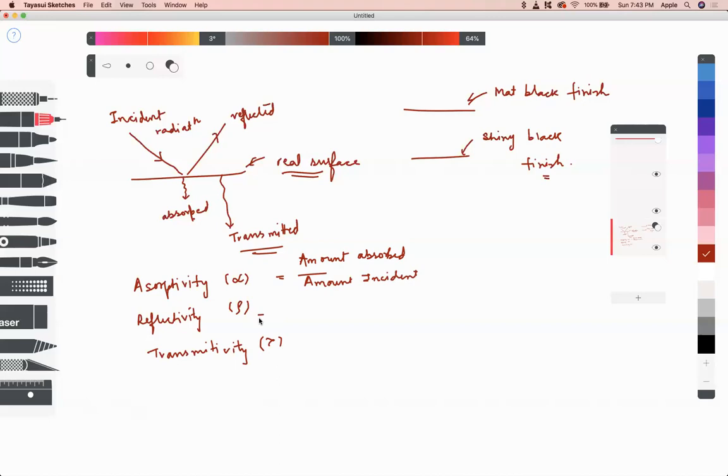Okay, rho is the amount reflected by incident, and next one, tau, is the amount transmitted by incident.